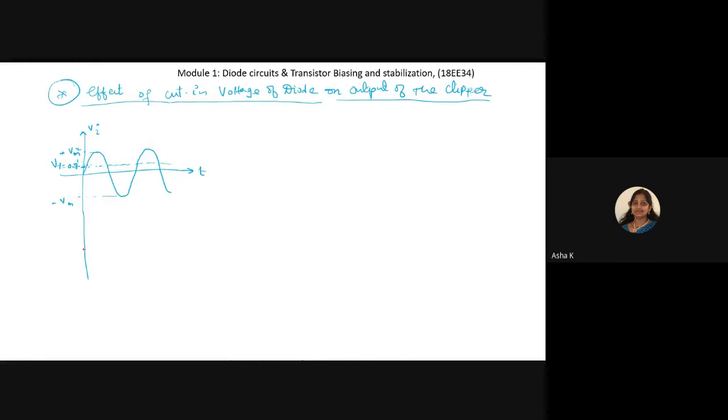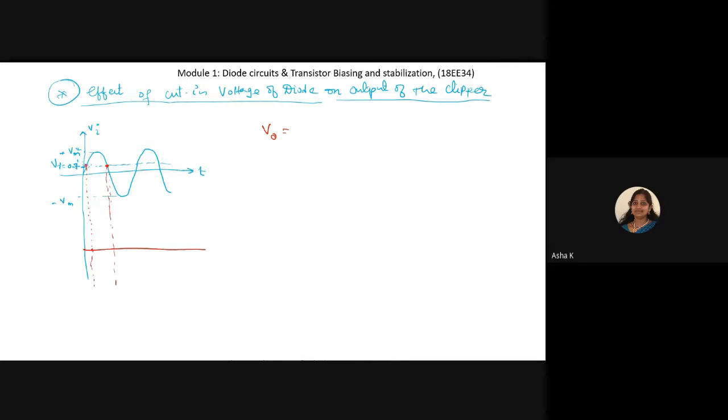When I have this knee voltage 0.7, if I apply this input voltage to the diode in the series clipper circuit, till 0.7 there is no increase in the output voltage. The output voltage will remain 0 volts. So I'll write in this particular form: V output is equal to 0 till this particular point. What happens after this point?